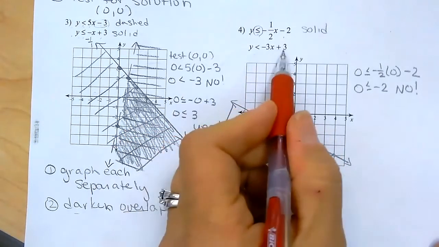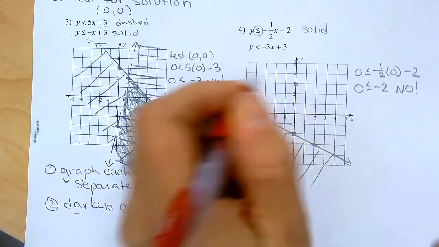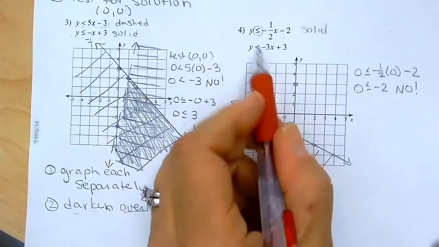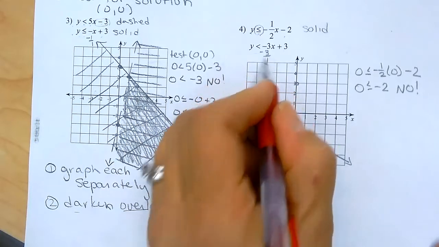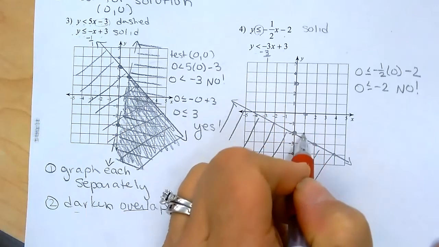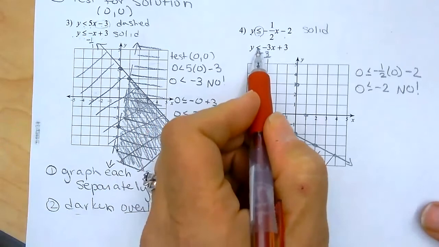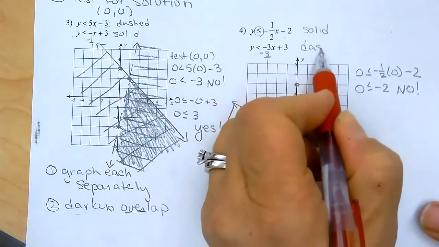Now do the second one. I'm going to start at 3. Slope is negative 3, so remember that's negative 3 over 1. I'm going to go down 3 over 1, down 3 over 1. This is less than, so this time we have a dashed line.